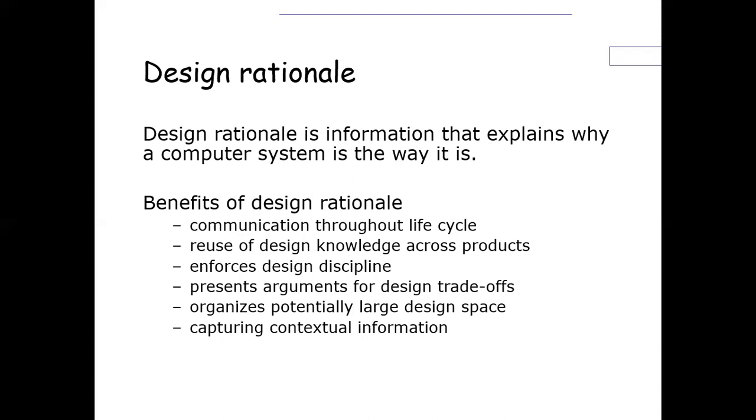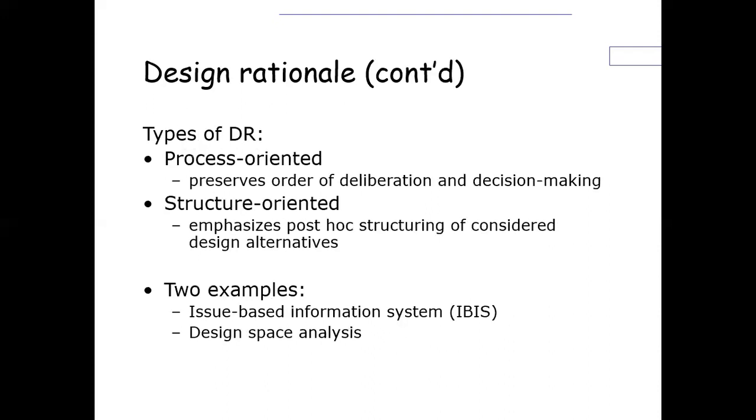Next, we'll see there are two types of design rationale. One is process oriented and another one is structure oriented. There are two examples for each one. The first one is issue based information system and another one is design space analysis.